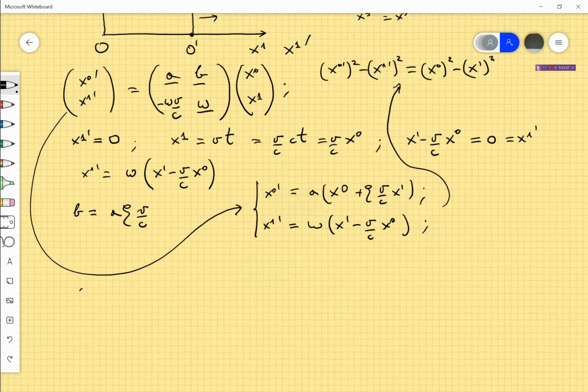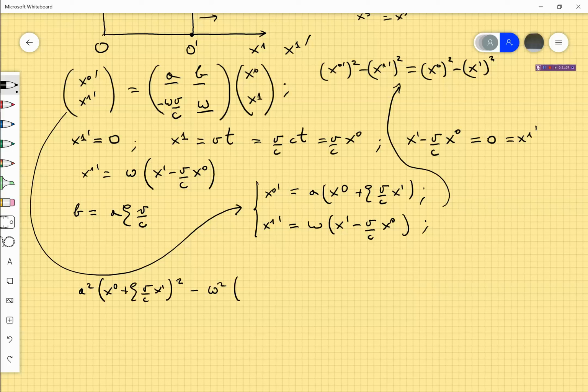And we have A squared times x0 plus Z V divided by C x1, squared, minus omega squared times x1 minus V divided by C x0, squared, equal to x0 squared minus x1 squared. Now this is quadratic in x0 and x1, and we just have to compare the coefficients of x0 squared, x1 squared, and x0 times x1, which should be 0.